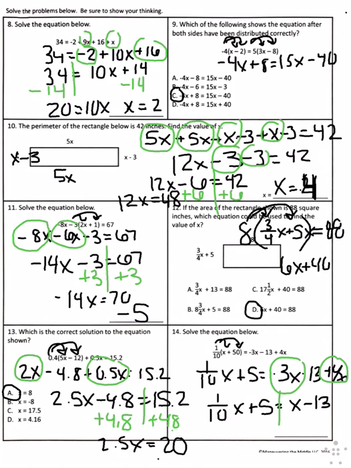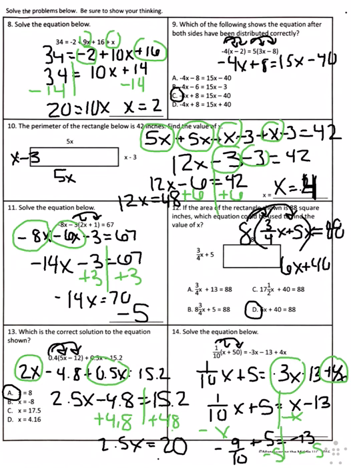Continue combining like terms by doing the opposite. I do a minus x. So 1/10 minus 1 is going to give me negative 9/10 x plus 5 equals negative 13. Still continuing to combine like terms by doing a minus 5.